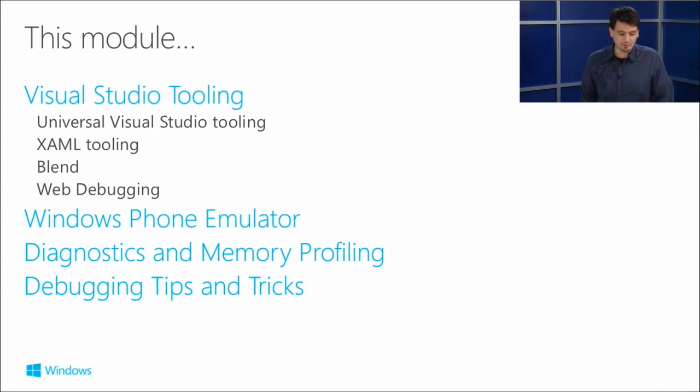But we will show off a little bit of the cool web debugging that we have available. And then I'll do a lightning fast overview of the Windows Phone emulator. We've been looking at the emulator as we've been going along, so I'm going to touch on just the pieces that we've missed. And then I'll show the diagnostics and memory profiling tools we have available, and end up with just a couple fun debugging tips and tricks.